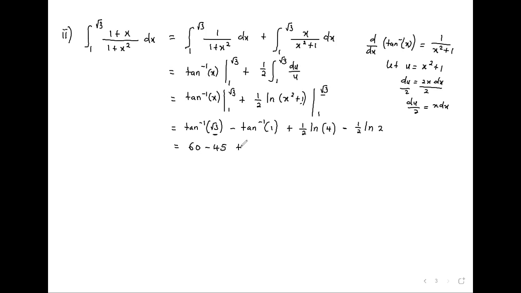And then plus, you can write the ln 4 as half ln 2 squared minus half ln 2, so if we drop that 2, we have ln 2 remaining minus 1/2 ln 2, and so 1 minus half is half ln 2. So we can leave our solution in this form.